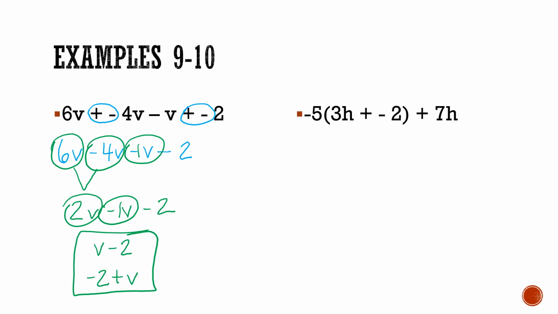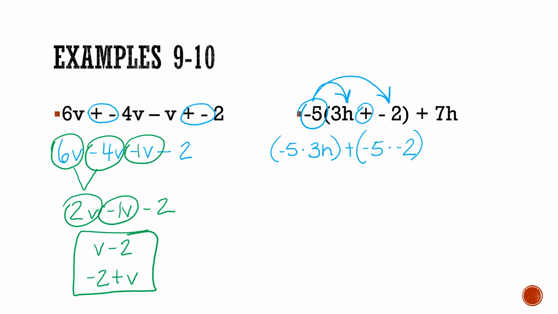Okay, in number 10, like we did on Tuesday, we have to distribute this negative 5. So that's going to be negative 5 times 3h. Bring down your plus sign. And then negative 5 multiplied by negative 2. And then your plus 7h.